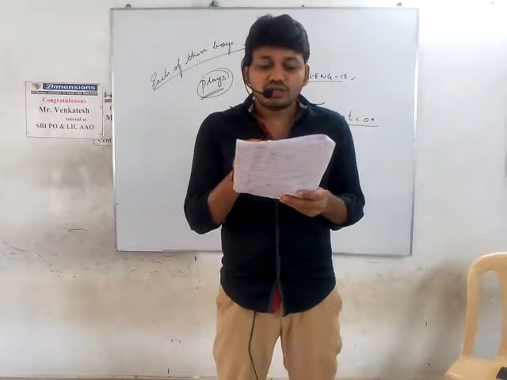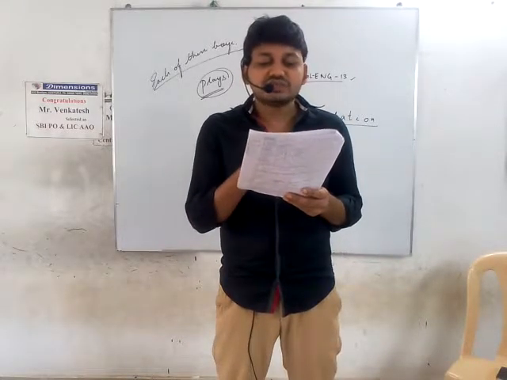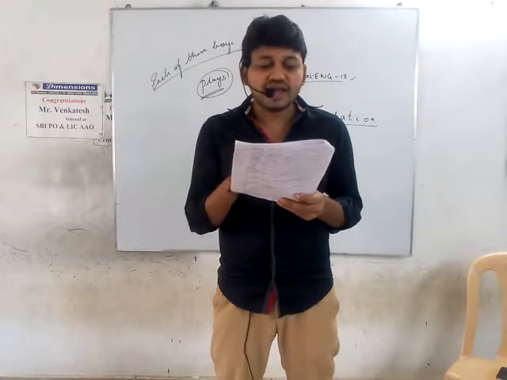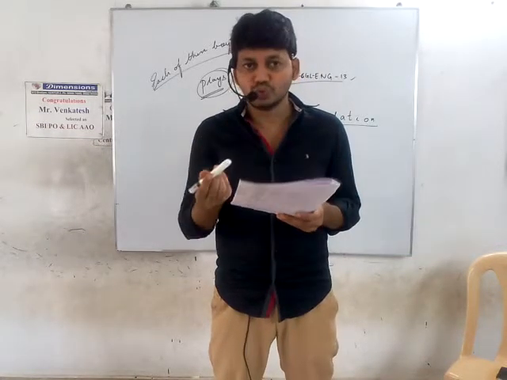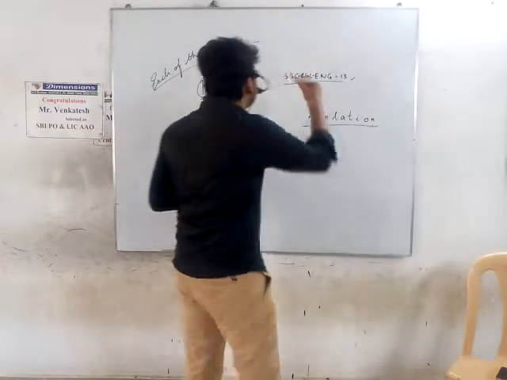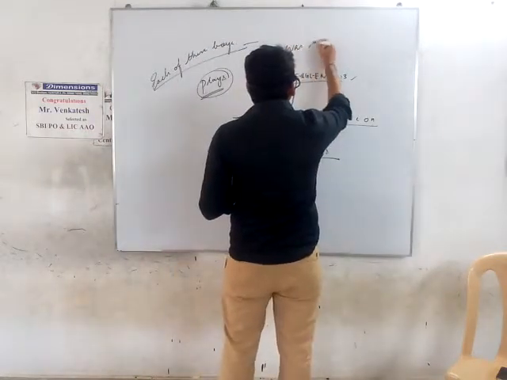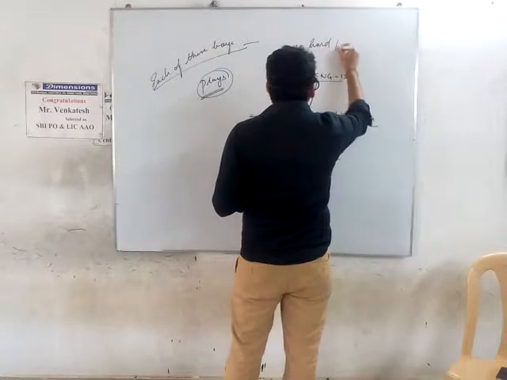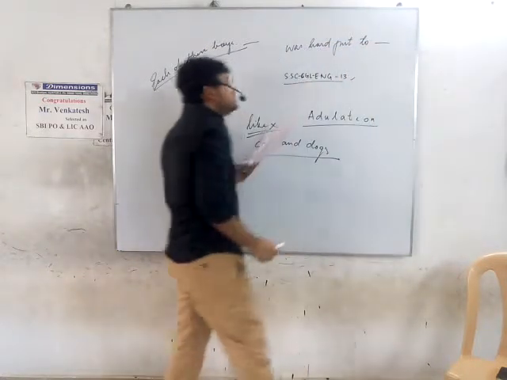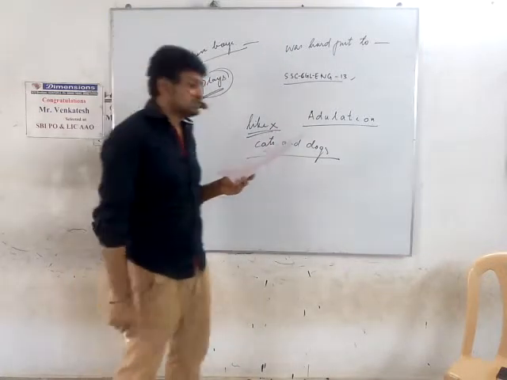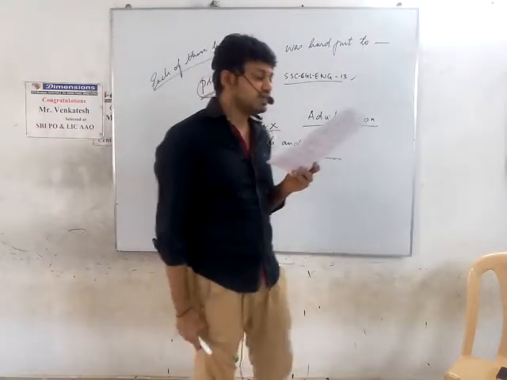So erroneously, it was used as was put hard to, rather, it should have been was hard put to, to find it difficult to do something. So that's the correct answer there.